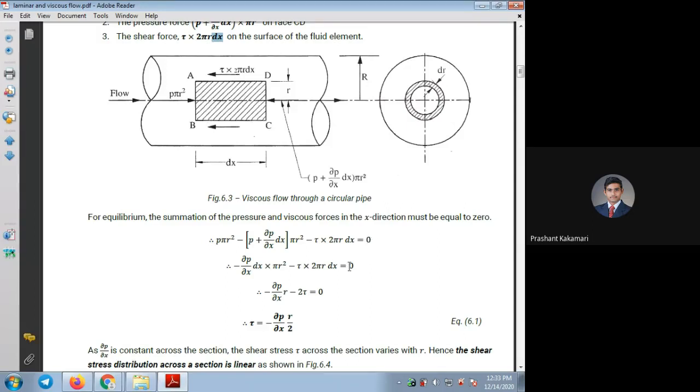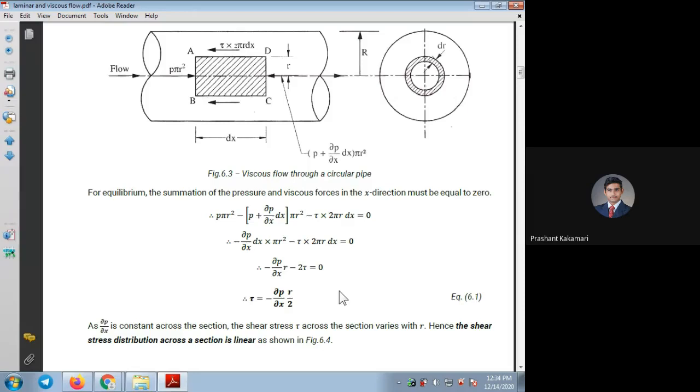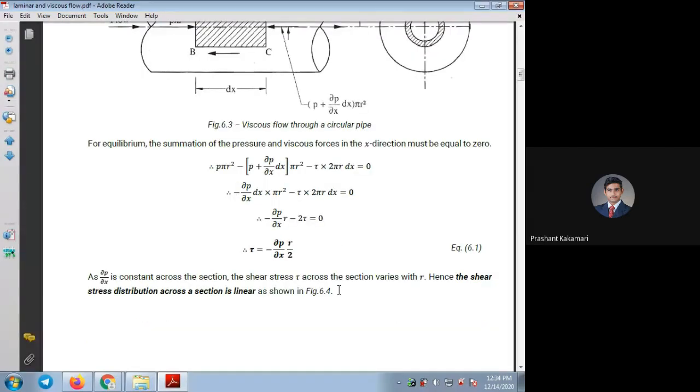Once you simplify this equation to find tau, you cancel the pi and the P values, because P into pi r square minus P into pi r square can be cancelled.